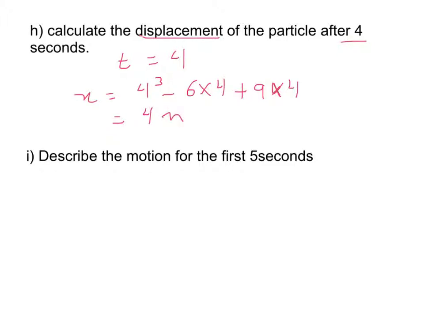So it's still moving in the positive direction, and that's what we saw in the graph. And the last part is asking you to describe the motion of the particle for the first 5 seconds.